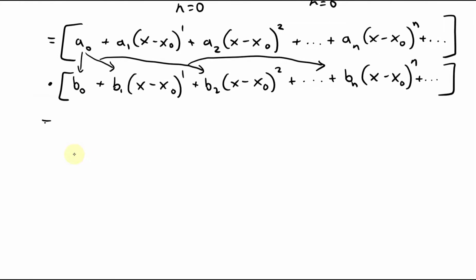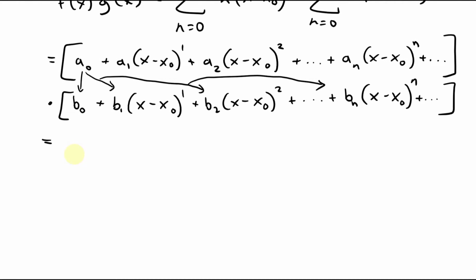So we're going to get a equals a0 b0. That's the first term, just a0 times b0. Then we have a0 b1, and we're going to have this (x − x0) to the power of 1.